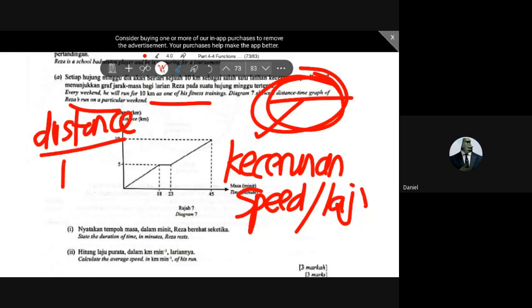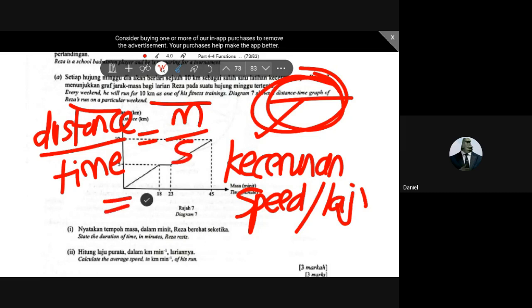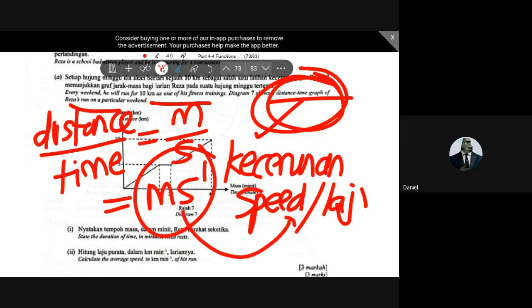You try to substitute the unit. Distance is meter, time is second. You divide, you get meter per second. This is the unit of speed. Ini adalah unit bagi laju, meter per saat. So, this is how they get the concept. Gradient tu, paksi y bahagi dengan paksi x. Itu cara dia sebenarnya. So kecerunan itu mewakili laju bagi graf ni.